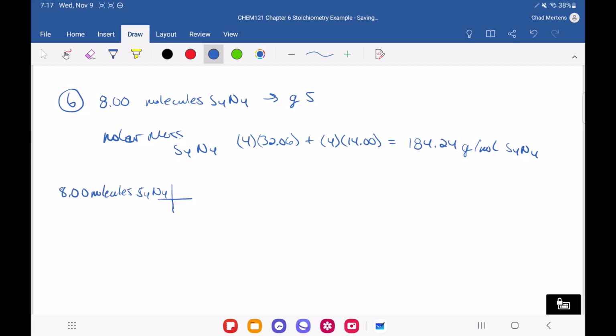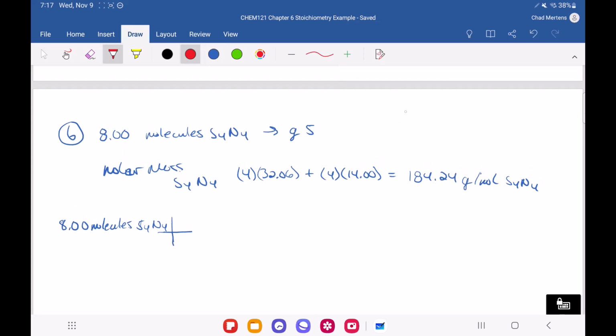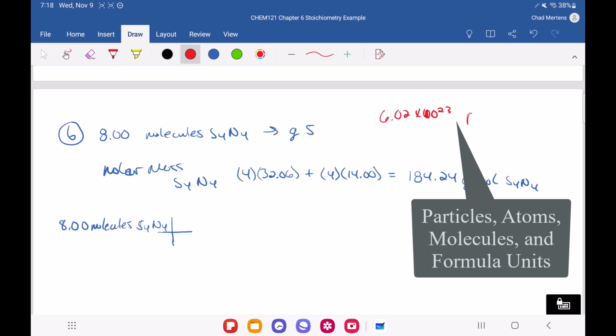In order to cancel molecules, we would need to use Avogadro's number, because if you remember, the units for 6.02 times 10 to the 23rd, or Avogadro's number, are particles, atoms, molecules, or formula units.